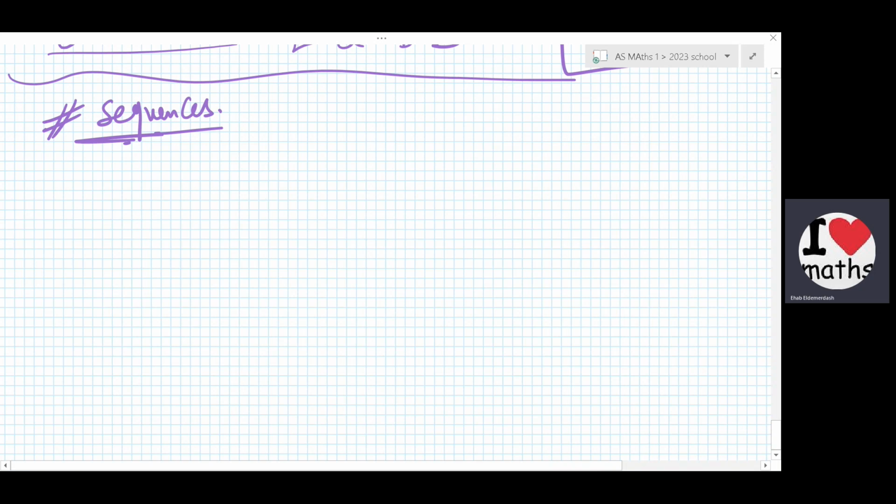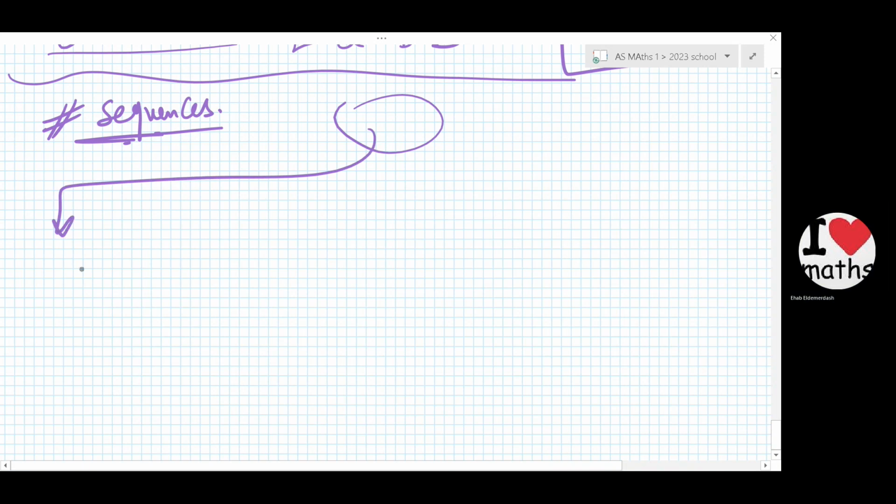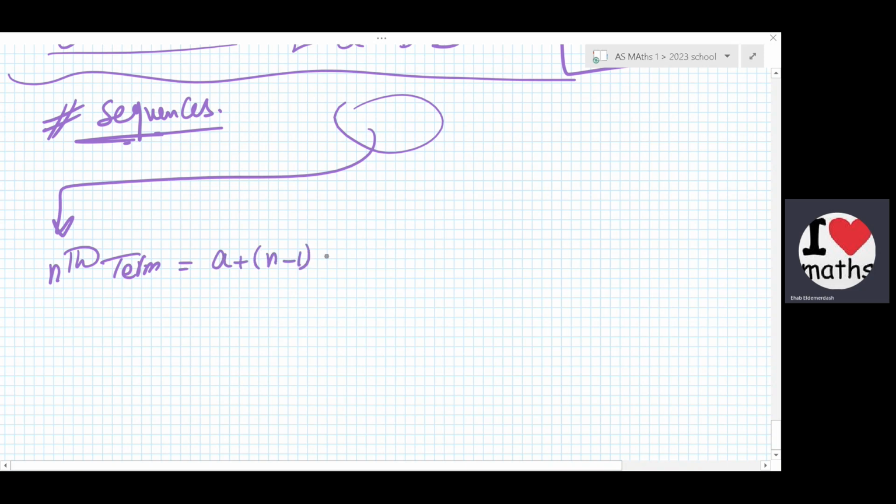There were two formulas for the sequence. Who can remind me of the two formulas? It's the nth term, which is a plus n minus 1 into d, right? That's the nth term formula, or general term, or un, whatever the name.